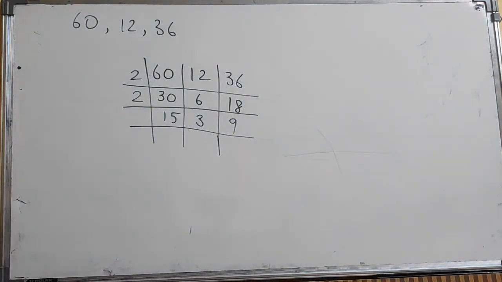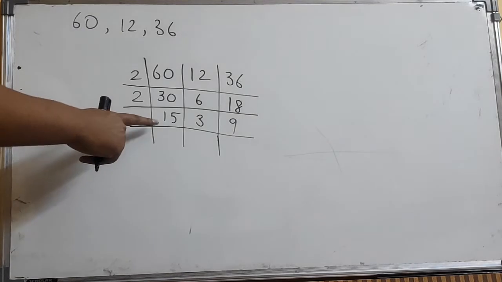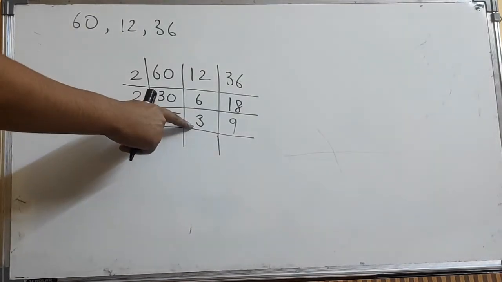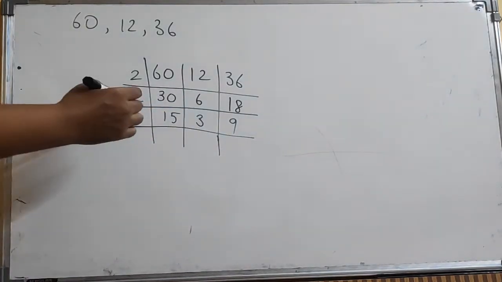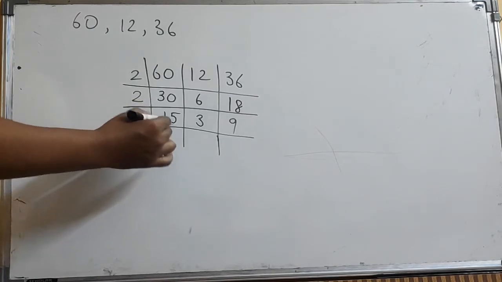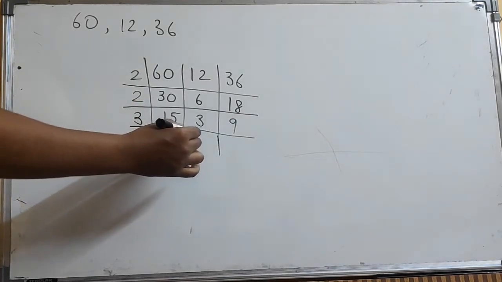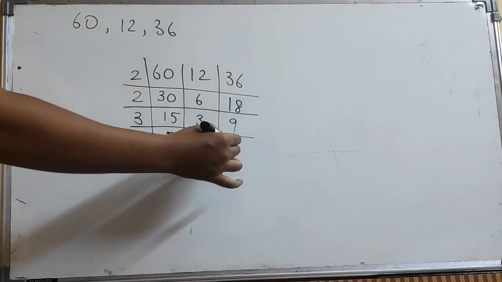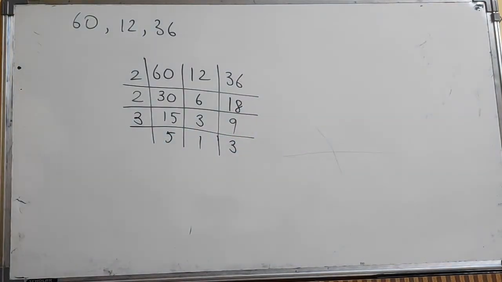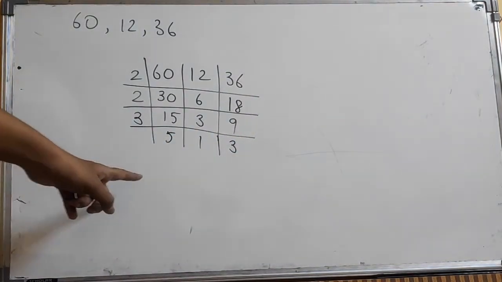Now none of these numbers are divisible by 2. So which is the next number we are going to look into? That is 3. So 15 is divisible by 3, 3 is divisible by 3, and 9 is also divisible by 3. So 3. So you got 5, 1 and 3. Now look at these three numbers.